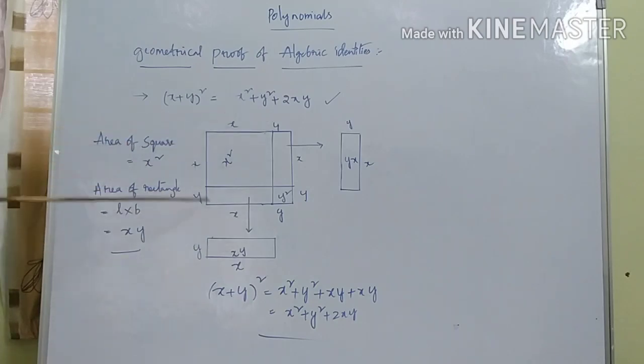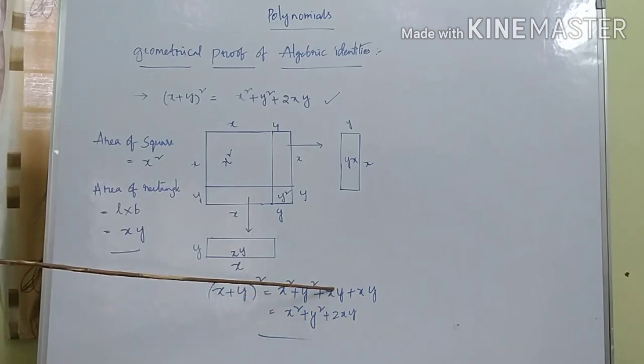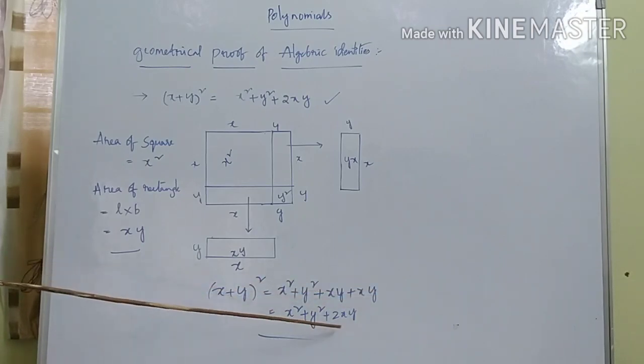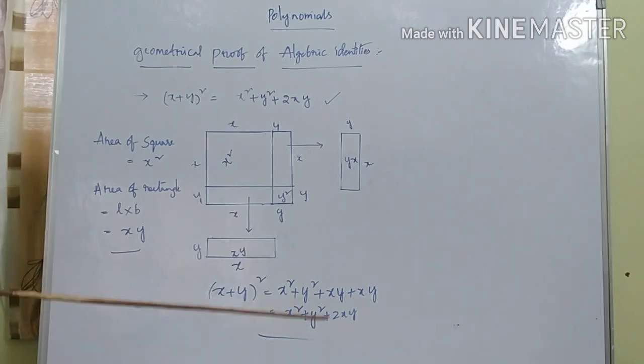So the area of the total square, (x + y) whole square, is equal to x² + y² + xy and again plus xy. So finally the result is x² + y² + 2xy. This is the geometrical proof of the first algebraic identity.